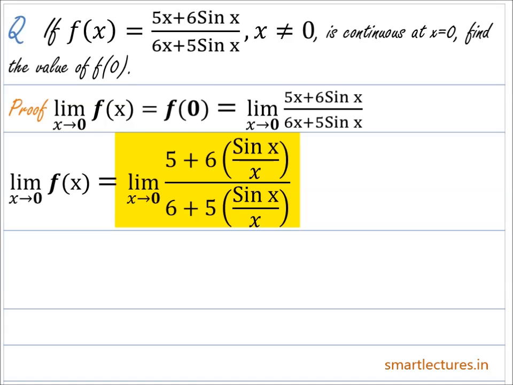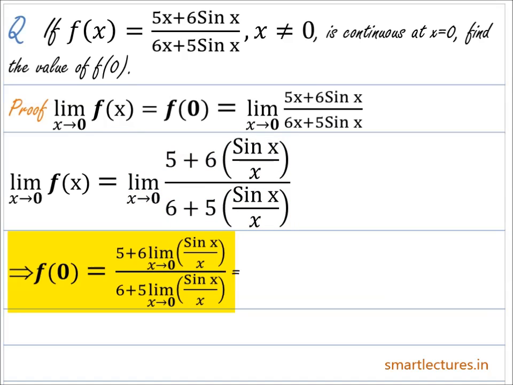And from the properties of limits, you know it very well that the limit of a sum of two functions is equal to the sum of their individual limits. So this limit can also be written as (5 plus 6 into limit x approaches 0 sin x upon x) divided by (6 plus 5 into limit x approaches 0 sin x upon x).